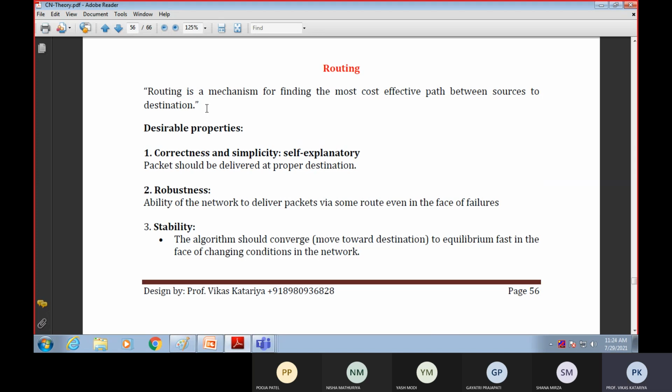If you select one workstation as a source and another workstation as a destination, in between there are many nodes that provide the shortest path from source to destination. So routing tells us the best effective path from source to destination. This is the task done by the router, and that algorithm is known as a routing algorithm.